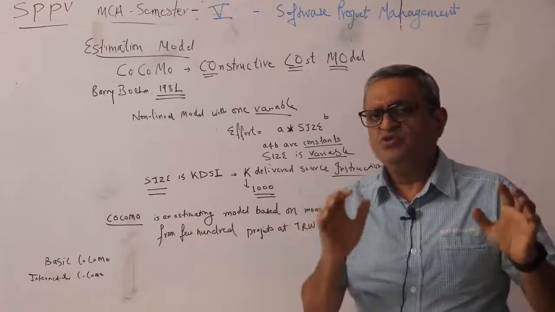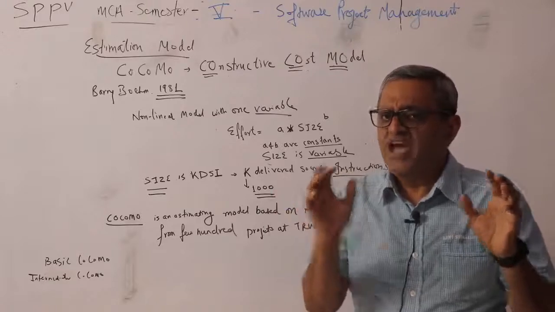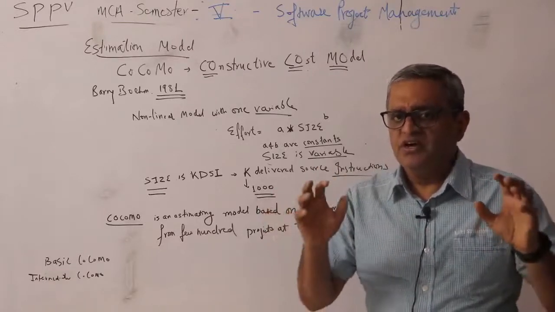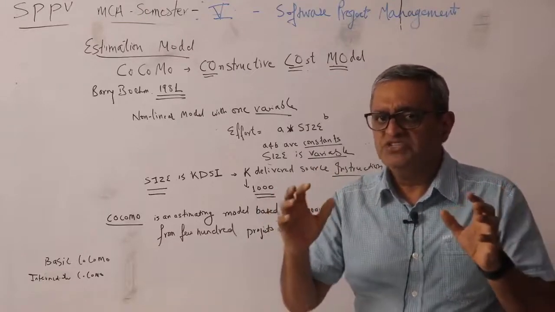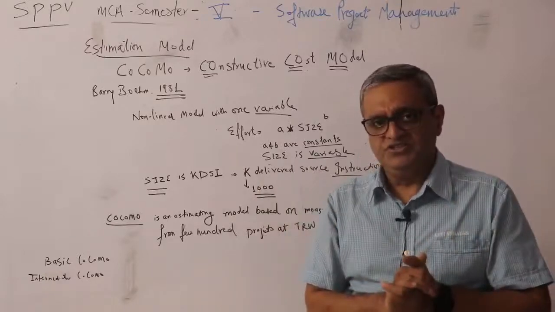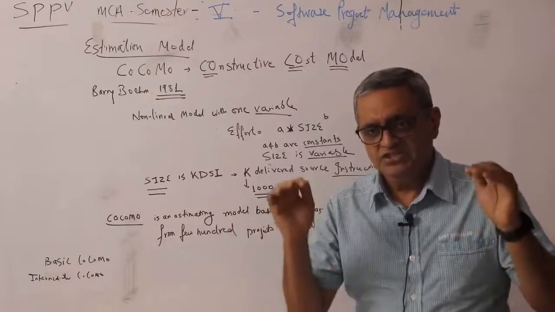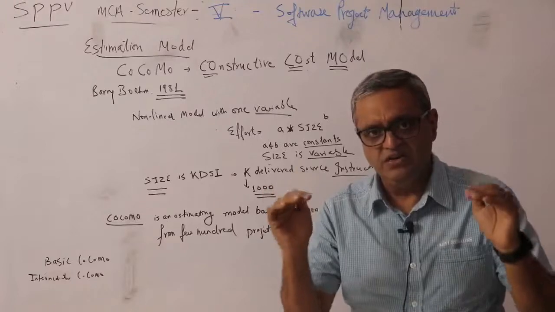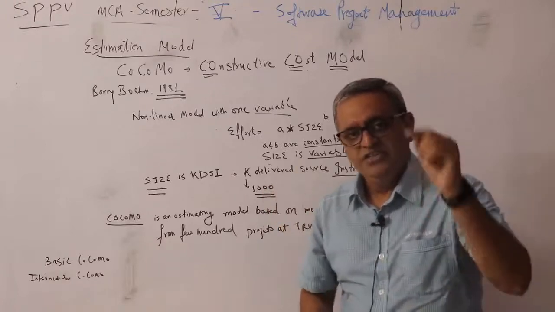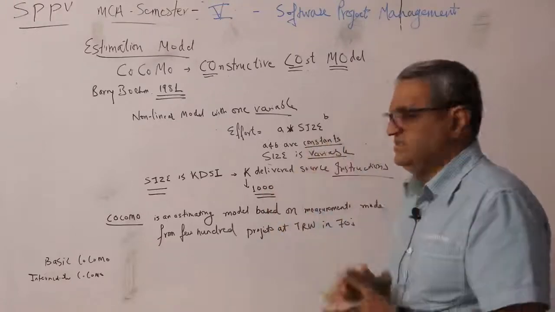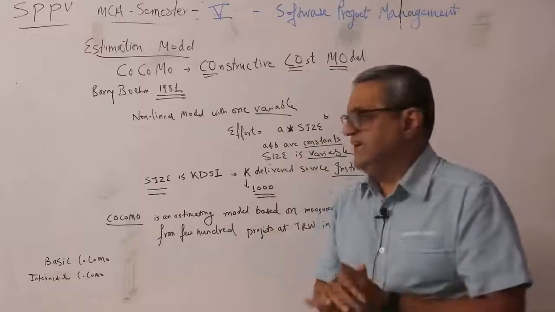We will see what the values of the constants are, and how they change based on different types of projects. But just remember, A and B are constants, and the variable is size. So what is size?